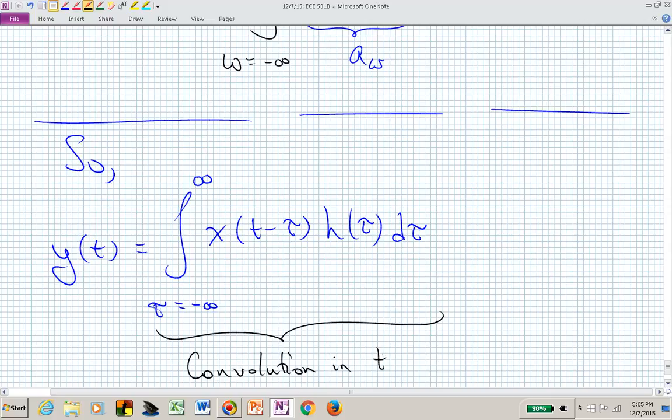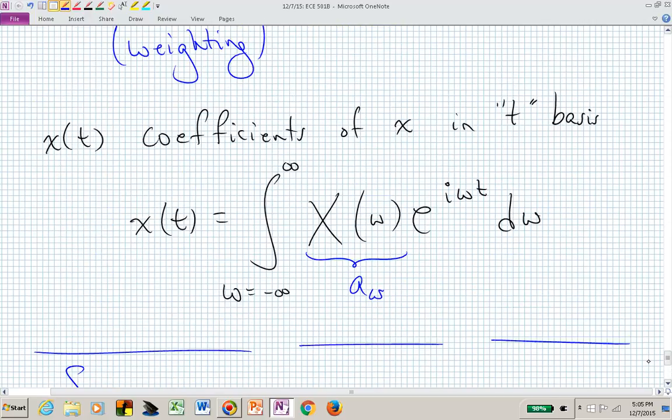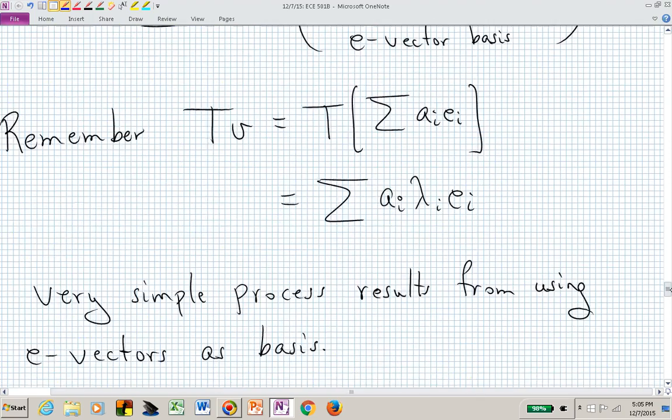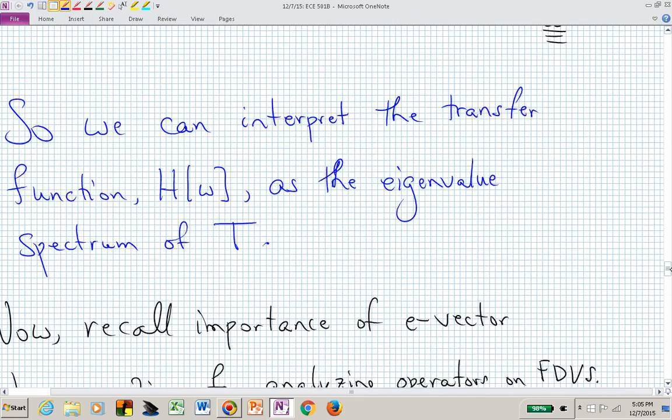How does that correspond to capital X of omega and maybe our system H of omega?